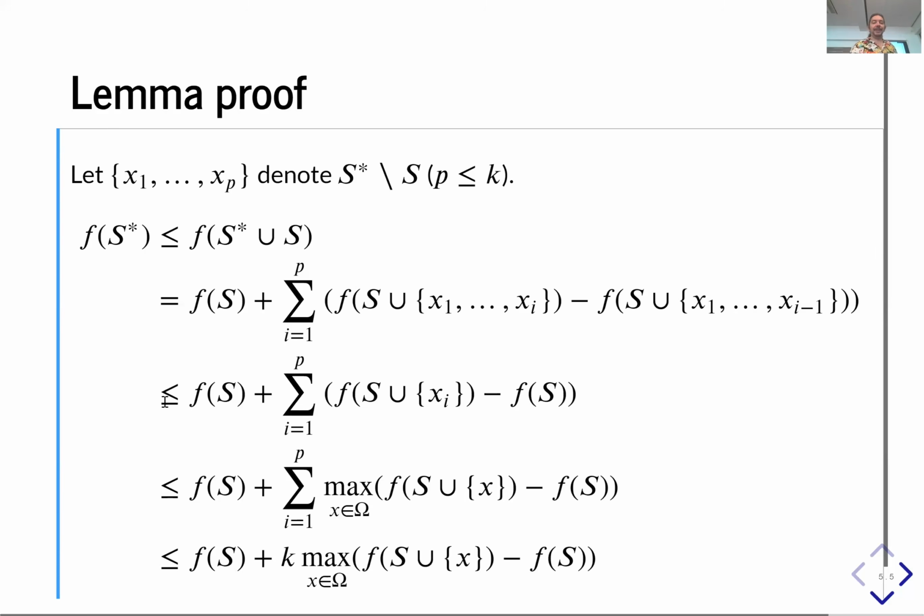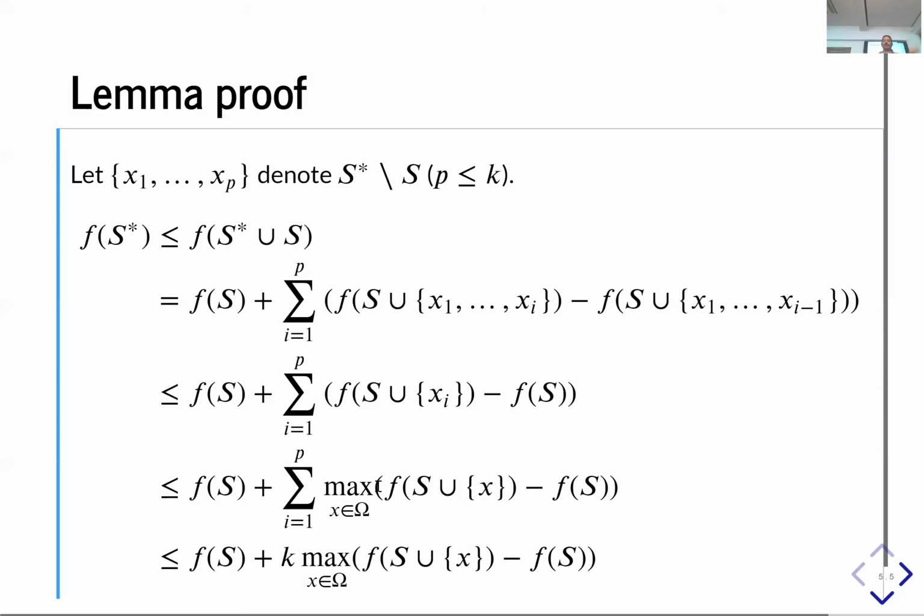So F of S star is less than F of S plus the sum of marginal differences of the Xi starting from S. But adding one element Xi is always less efficient than adding the best element. So instead of Xi, I can take the maximum possible marginal profit. So F of S star is less than F of S plus the sum over p of the maximal value.